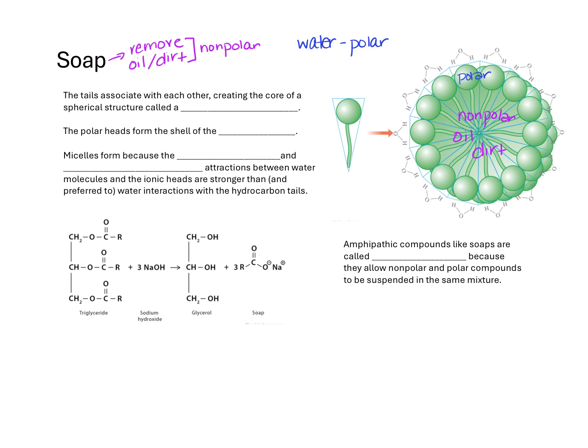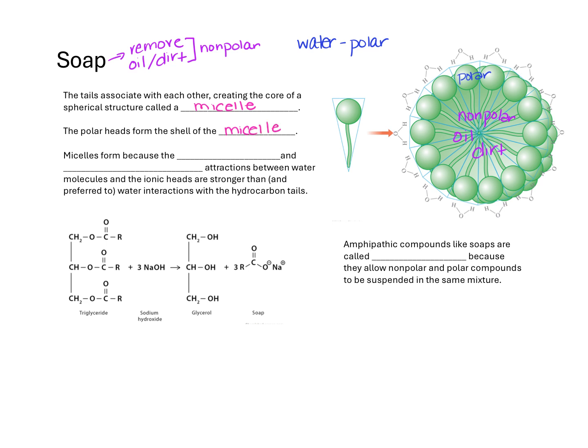So let's put some words to that and talk about this in a little more detail. The tails associate with each other and create a core of a spherical structure, and that spherical structure is called a micelle. The polar heads form the shell of the micelle.